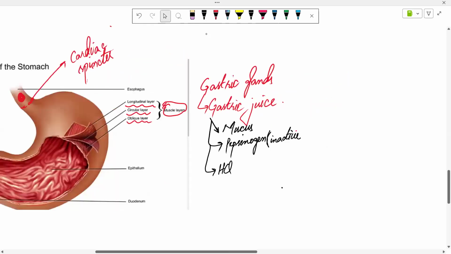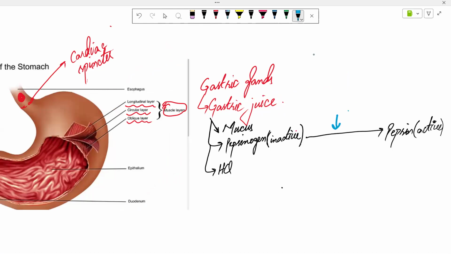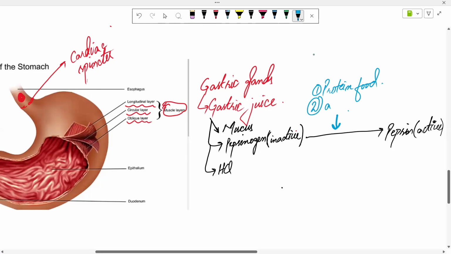The pepsinogen is released in the inactive form and is converted into pepsin, which is the active form, with the help of two factors. Number one, the protein food, and number two, the acidic pH, which is maintained by the HCl.